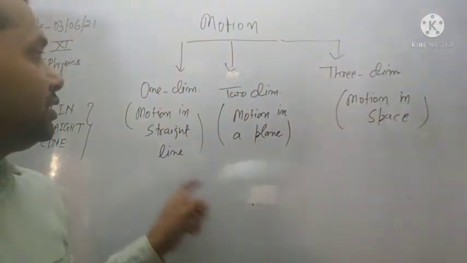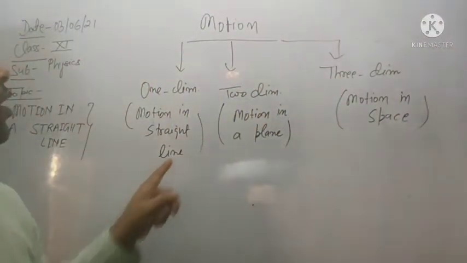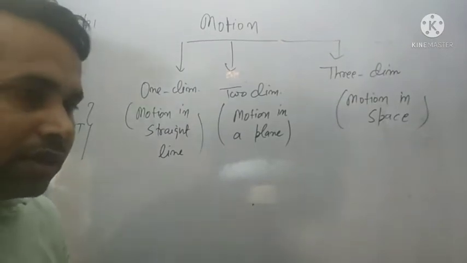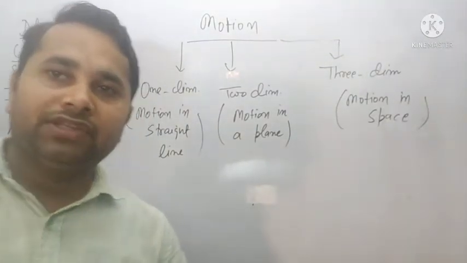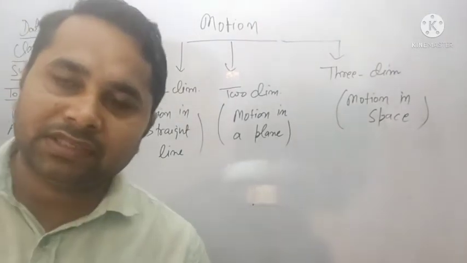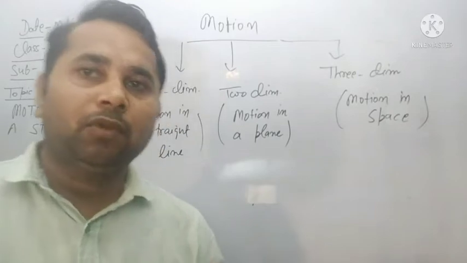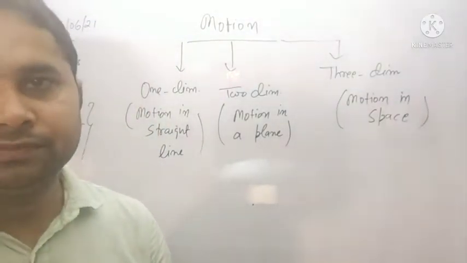Let's see these 3 categories. First of all, let's see what is motion. You all know that when a body changes its place with respect to time, then the body is said to be in motion.